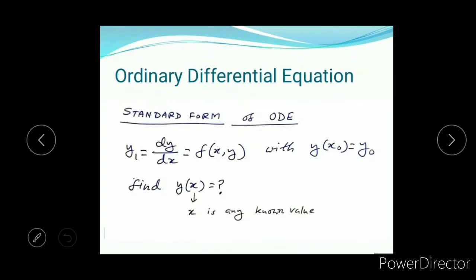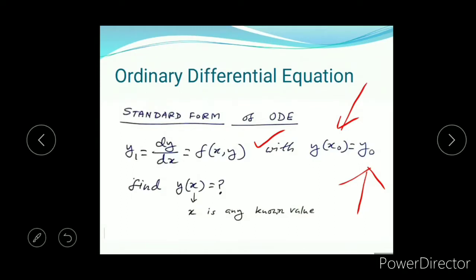Now in our question in exam, this y1 equals dy/dx equals f(x, y) will be given. Also x0 and y0 will be given. Now this x0 is the initial point and this y0 is the solution of the differential equation at the initial point x0.